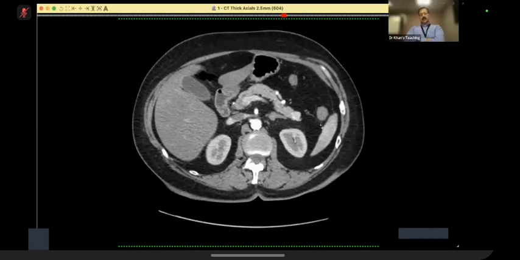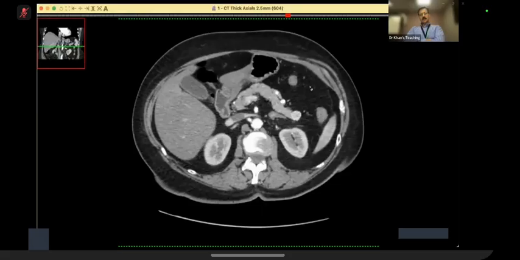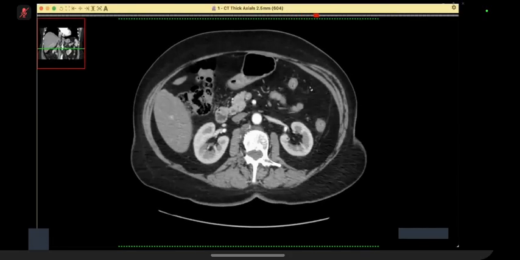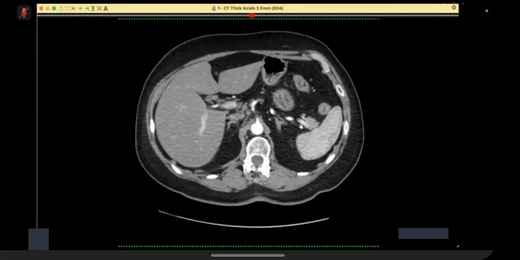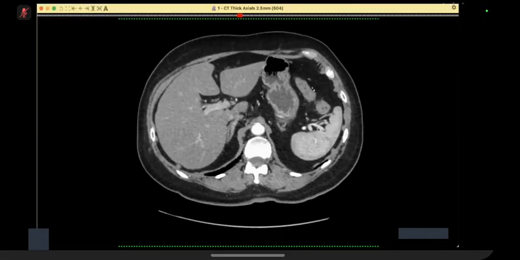Then what are you going to advise? So if he has symptoms, the patient will be referred and discussed at the MDT meeting for a possible surgical resection of this mass.